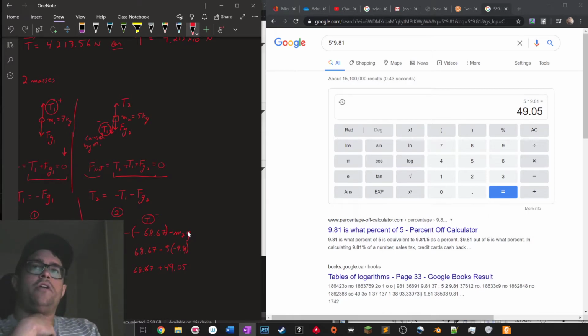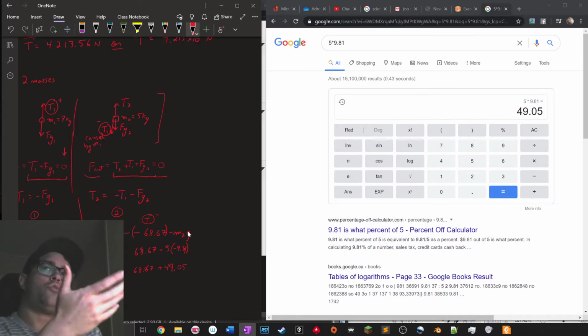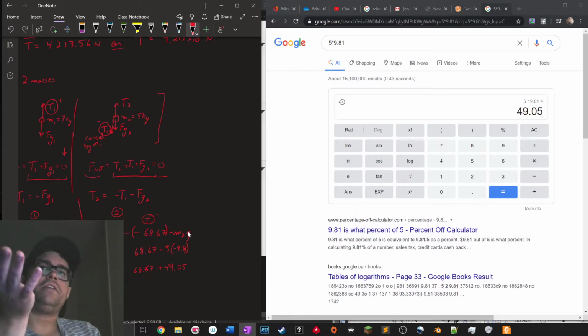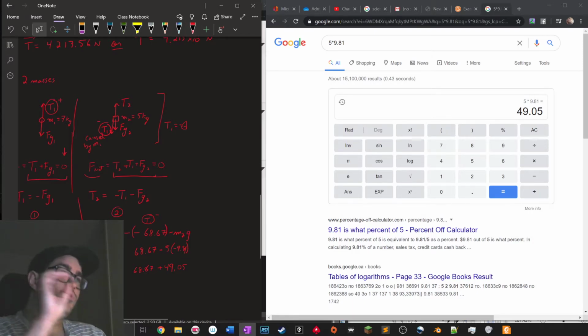If you had drawn the system as a problem by itself, you would have gotten a T1. I could have said that T1 is 68, and you would have said T1 is then minus 68 or so, right? And that's the step that we missed.